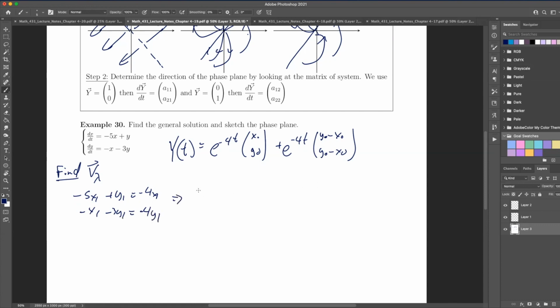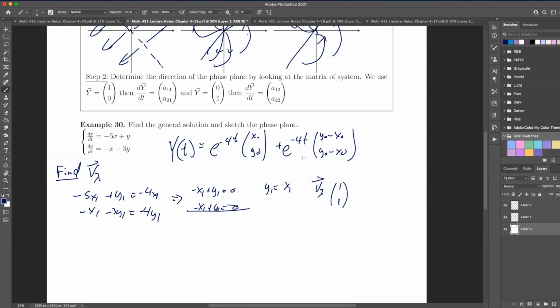I translate this all over, I get minus x1 plus y1 equals 0. This is the same, cross that off, move this over, I get y1 equals x1. And so I get the v lambda, so I just plug in 1 and 1. Okay.